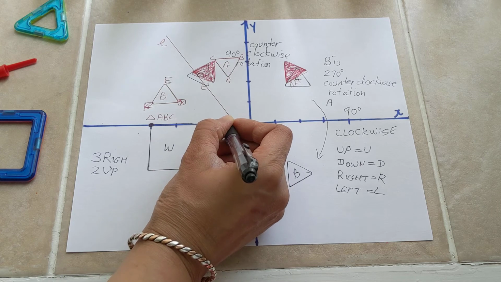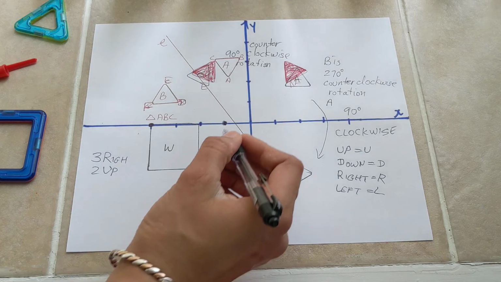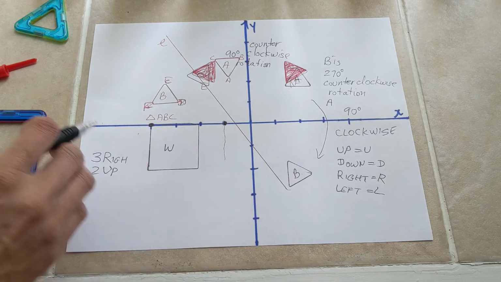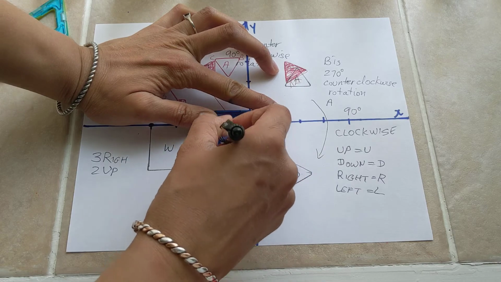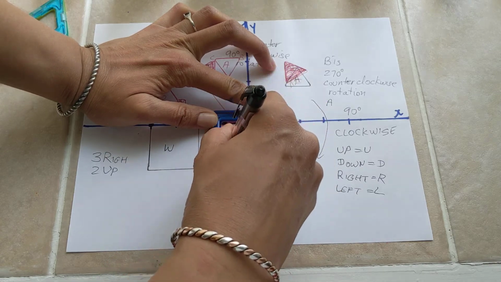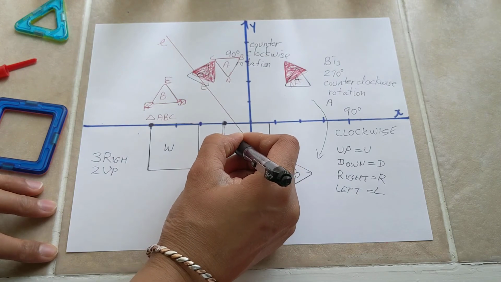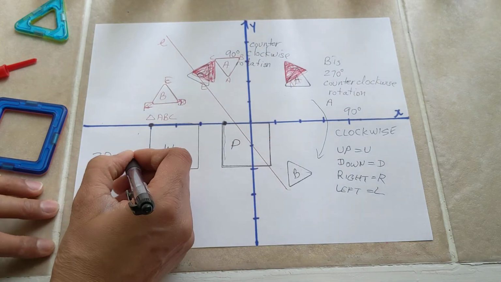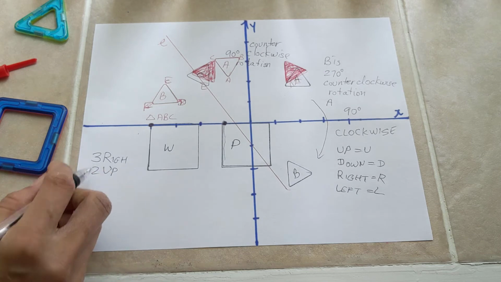So that's one translation. If I was to draw it right here, I'll put that here. So that's just one translation. Let's call it P. So that's 3 to the right. So that's a translation still. It doesn't have to do both.